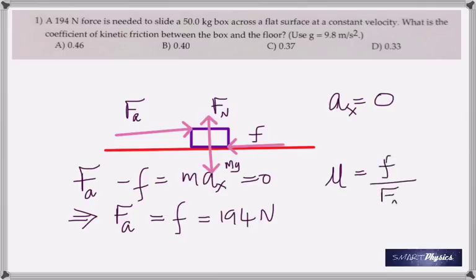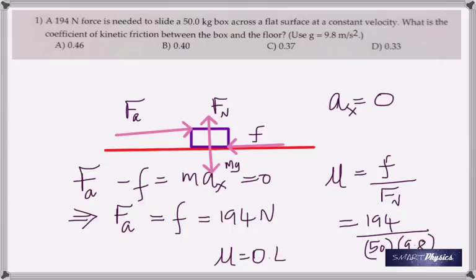And mu is the coefficient of friction, and it is defined as the friction force divided by the normal force. Since friction is 194 and normal force is equal to the weight m times g, we calculate mu to be 0.40.